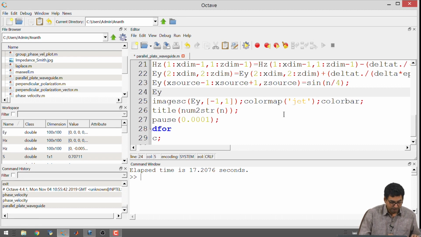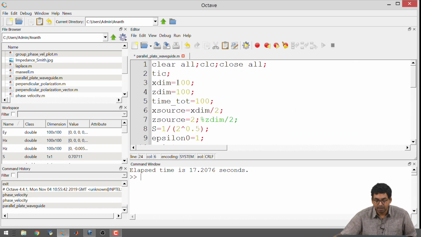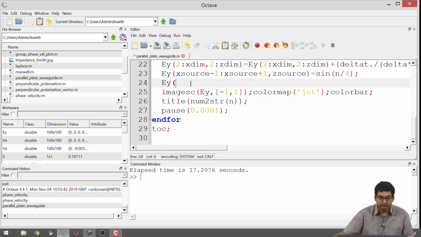So, I am just going to take some region, let us say that I am having a 100 by 100 space, 100 points in one dimension, 100 points in another dimension. I will create something around the middle.